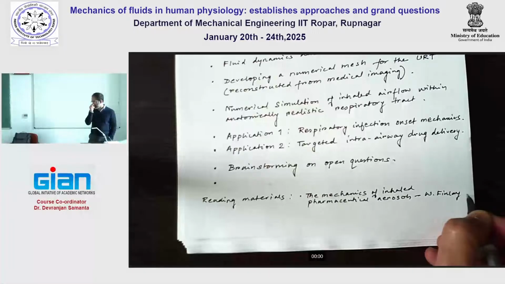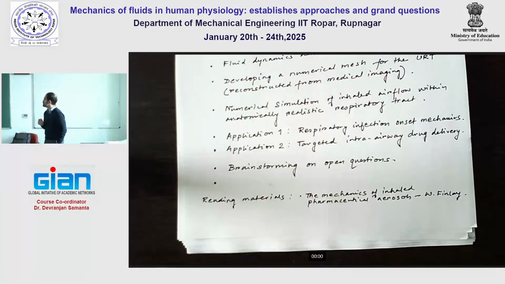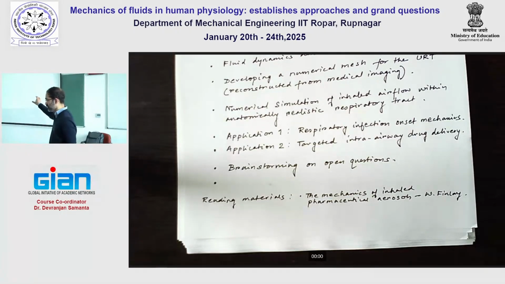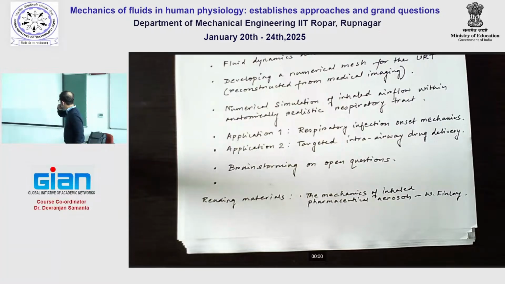So if you access this book, you will see that he tries to develop the basic mathematics of this kind of system before going into the pharma part. So understanding the basic physics is quite useful in general, and this book is a good resource for that.